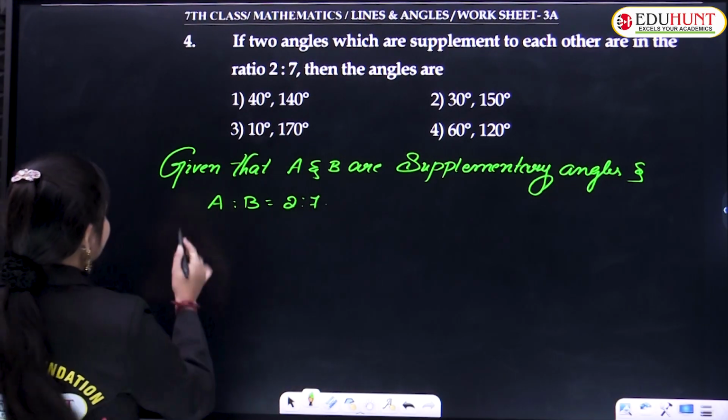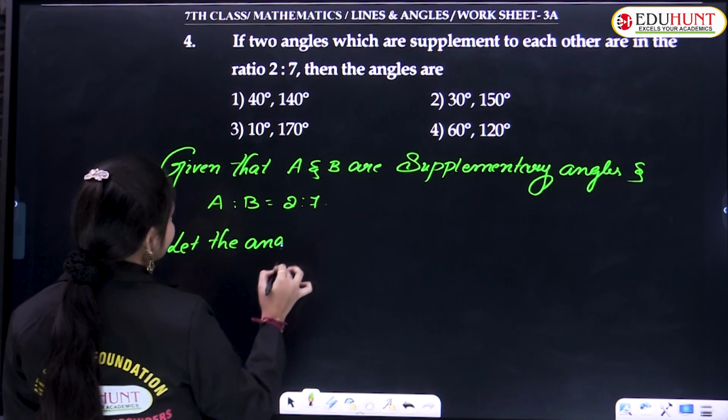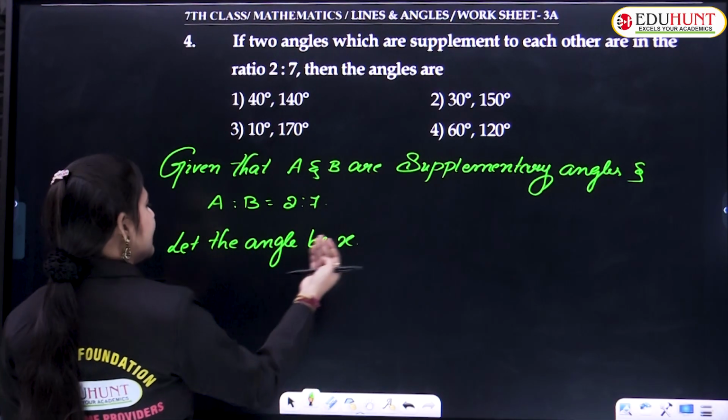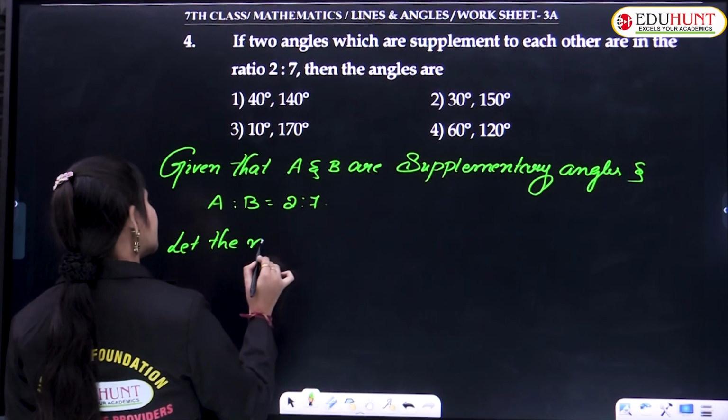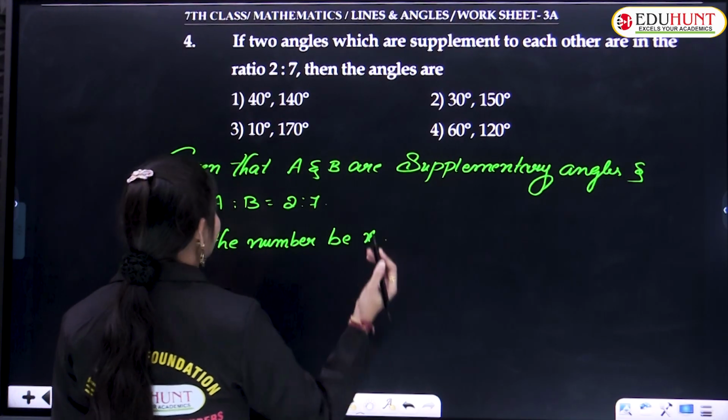Okay, and let that number be x. Some number is there, no, a common number. Let the number be x. Anything you can take here.